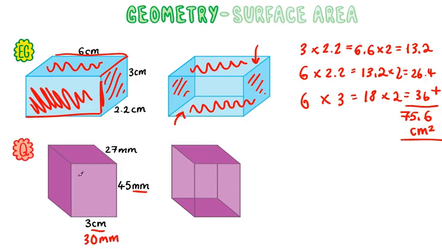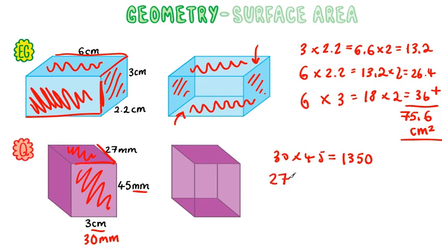Okay, so let's start by working out the front and back faces. We're going to do 30 times 45 gives us 1,350. Then we'll do the top and the bottom. So this side is 27 and this side is our 30.